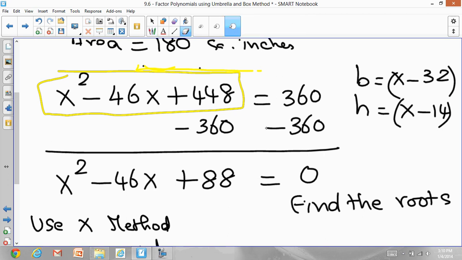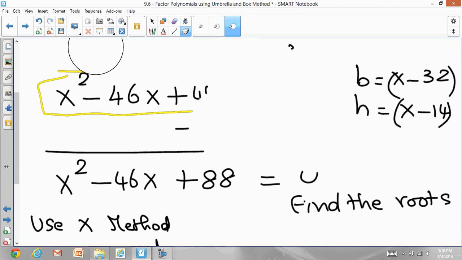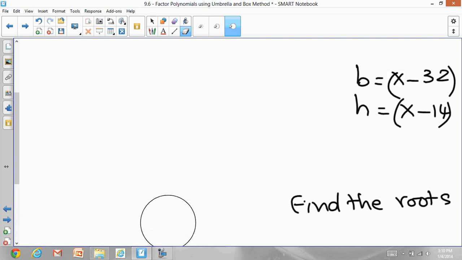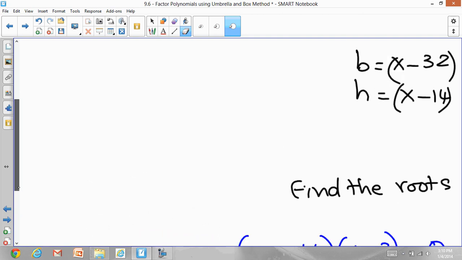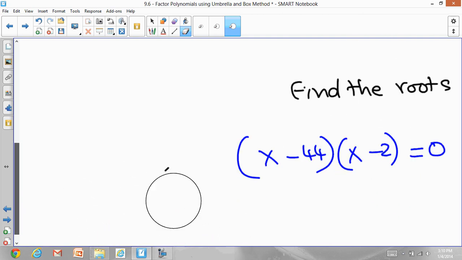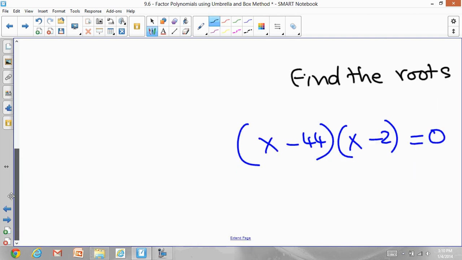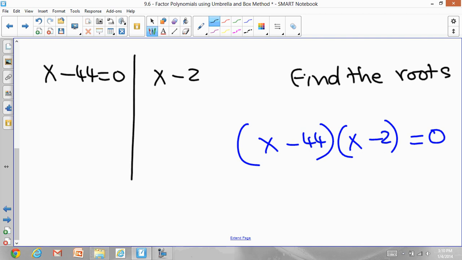Let me erase everything. So I'm going to write x minus 44, set it equal to 0. X minus 2, set it equal to 0.